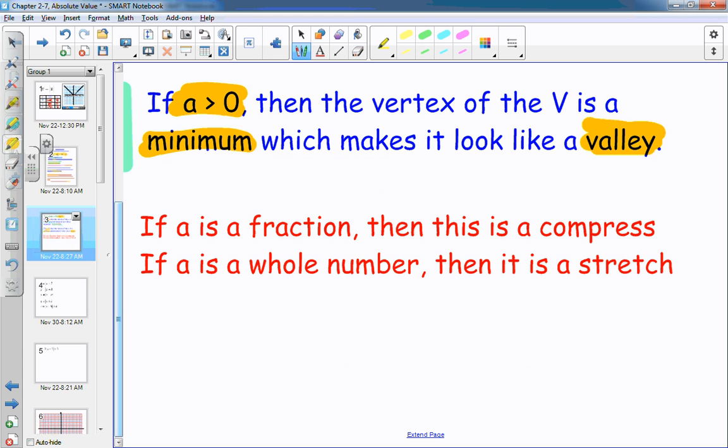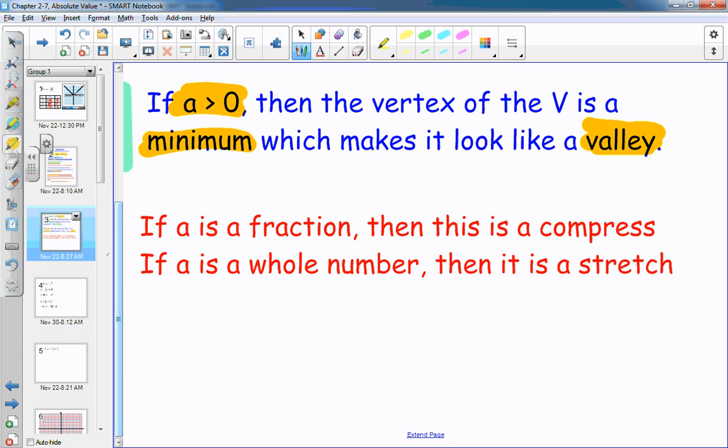Now, we talked about this a little bit ago on our previous slide, and we said, well, what if a is a fraction? What is a known as? What was the first thing that you highlighted on this page? A is known as the what? Slope. So if it's the slope, then it's going to have a steep slope or a flat slope, which means it's either the stretch or the compress factor, right? If this is a fraction, is a fraction going to be a whole number? No. Whenever I say fraction, I mean a number between 0 and 1.